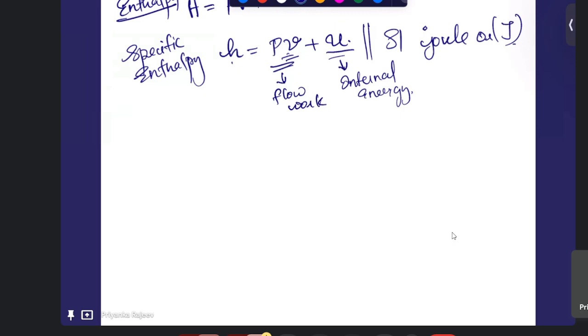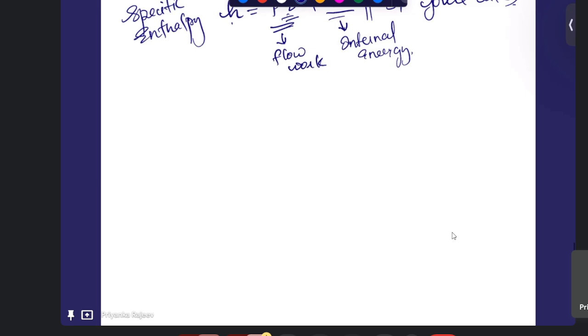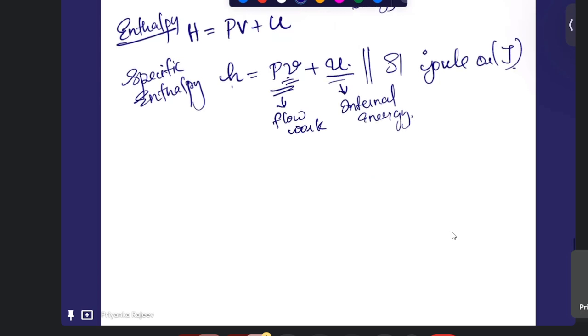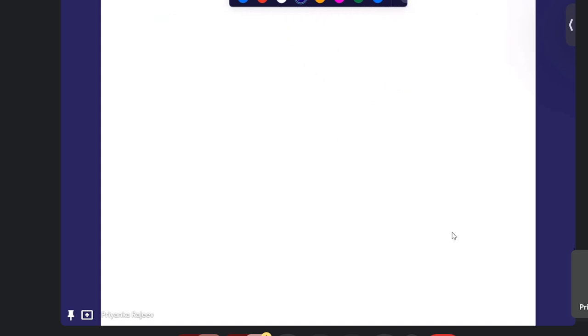So that's about the first law of thermodynamics. Now we have to talk about how to apply this law to our system. First we will talk about the open system.